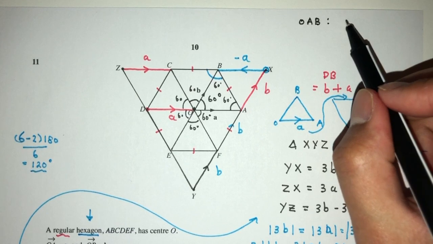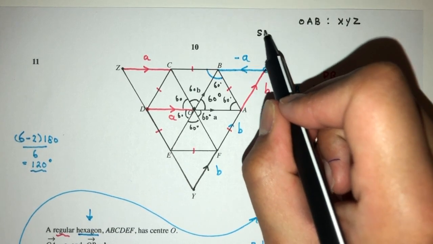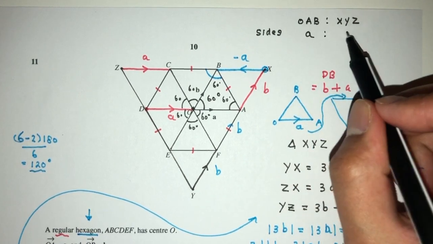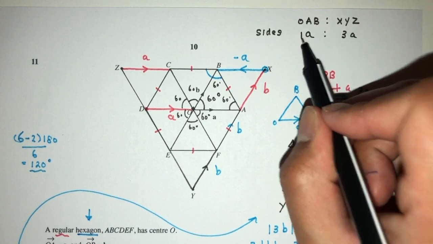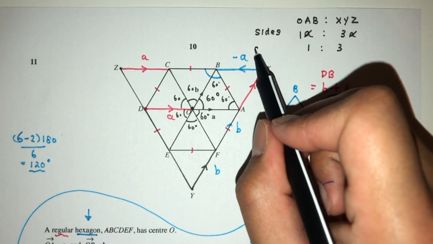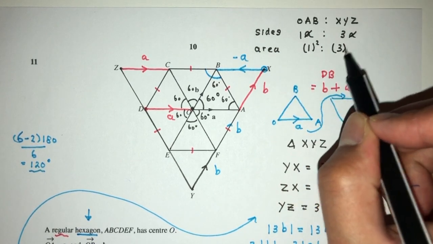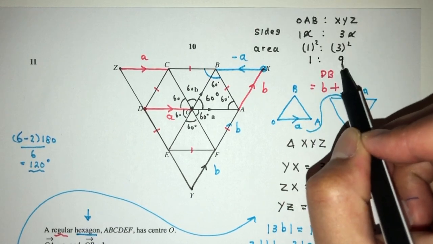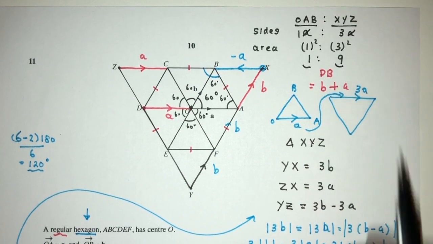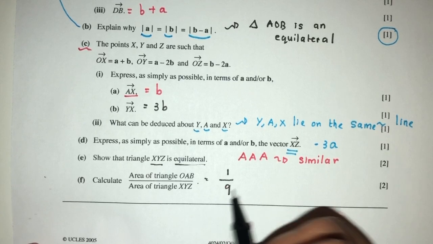This is XYZ. Comparing sides, it is pretty direct. Comparing A to 3A, to cancel A out, that will be 1 to 3. But now if you want to compare area, we have to square both sides. That will be 1 to 9. So OAB is 1, XYZ is 9. So let's write this down. That will be 1 to 9.